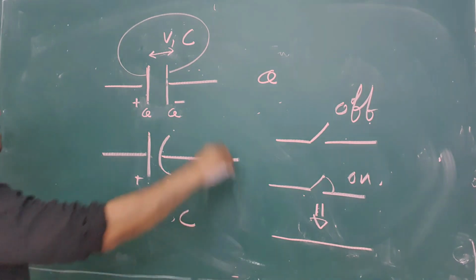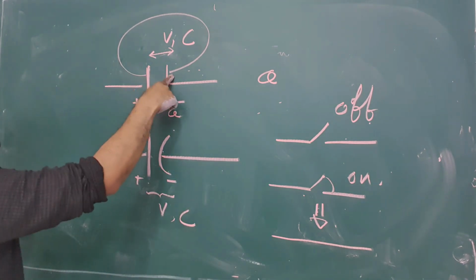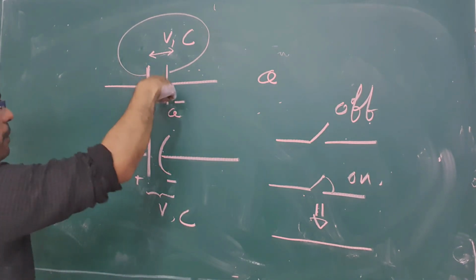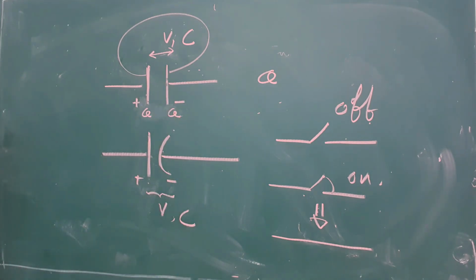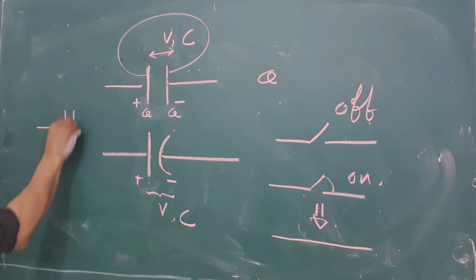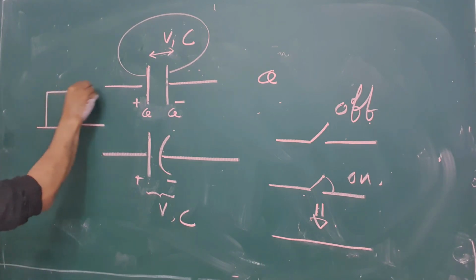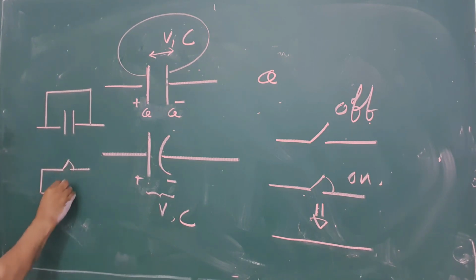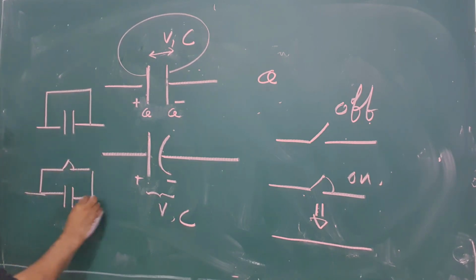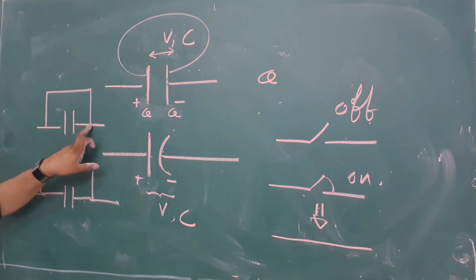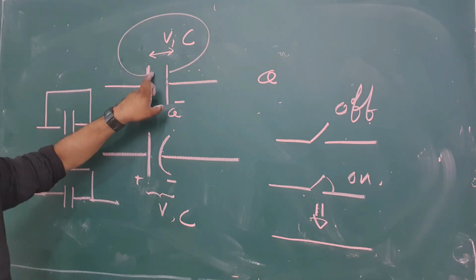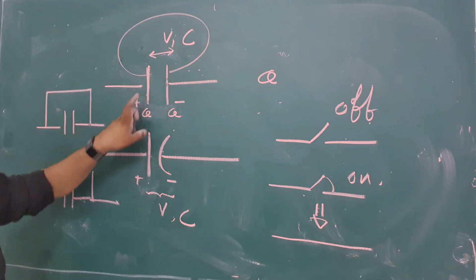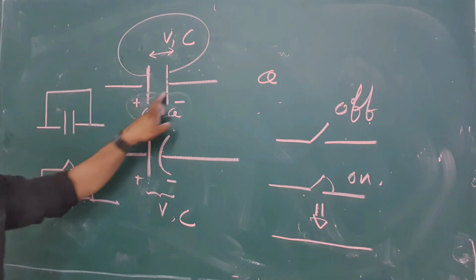So when you connect these two plates, the capacitor charge becomes 0. That means when you have a conducting wire or closed switch parallel to the capacitor, you better remove the capacitor from the circuit because it has no charge. Everyone knows when you connect these two plates, the algebraic summation of charge will be 0.